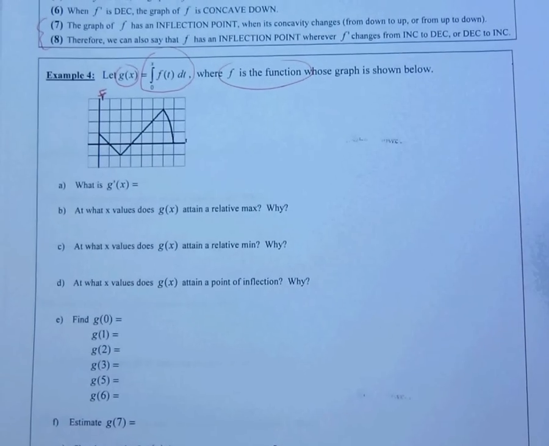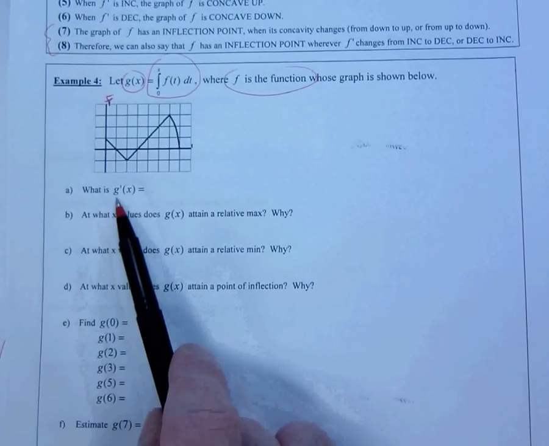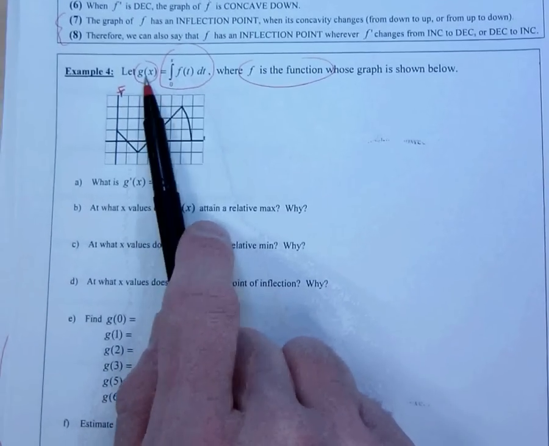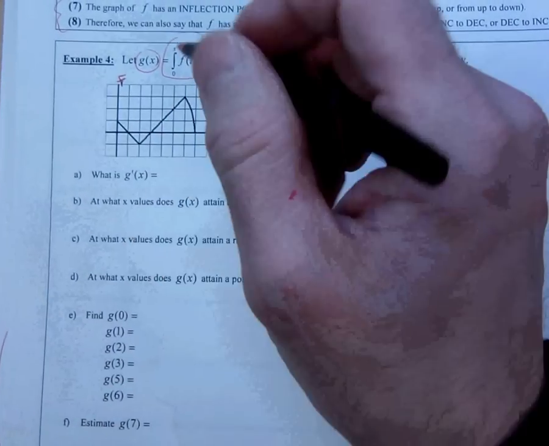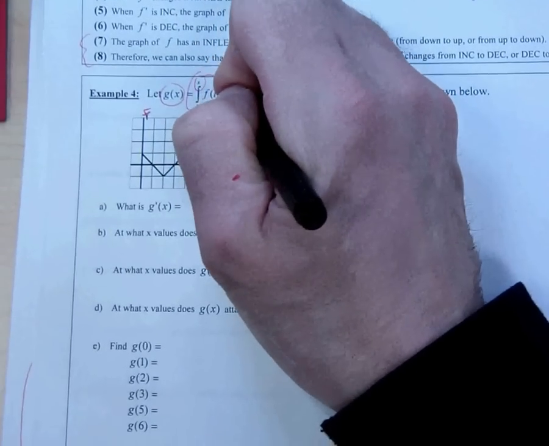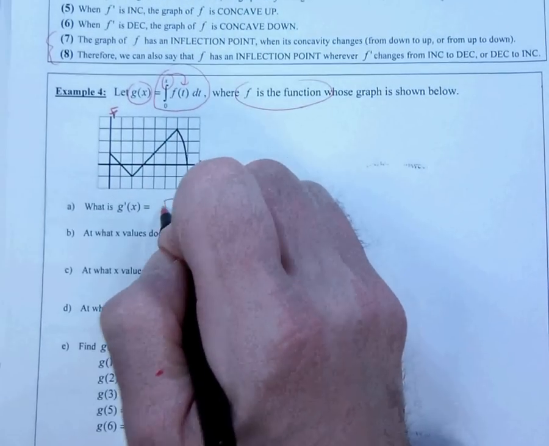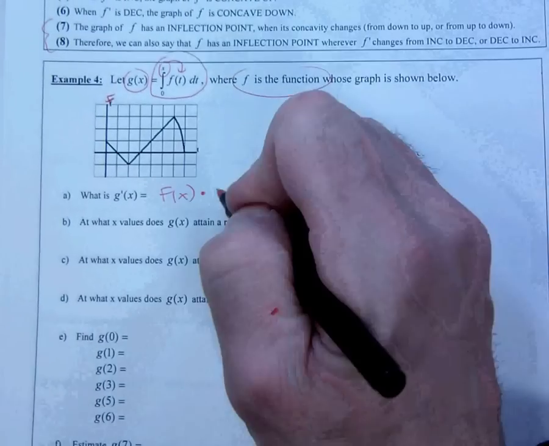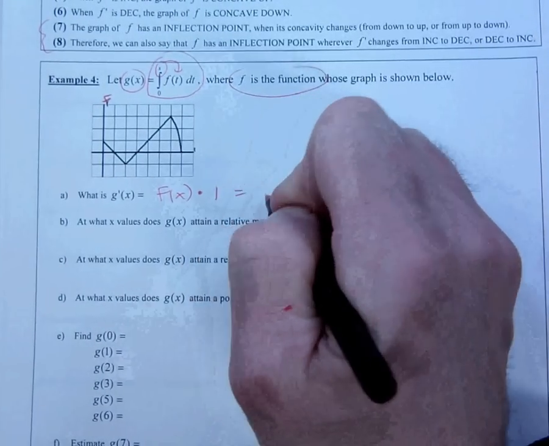What's the first thing I'm going to do? It says to find G prime. So how do I find the derivative of that? Don't I substitute this into there and you get f of x, and then multiply by the derivative of the upper limit, which is 1? So don't you just get f of x?